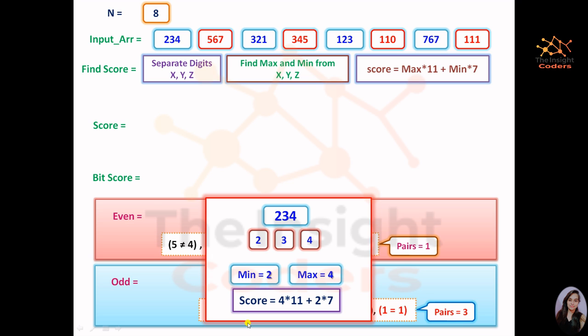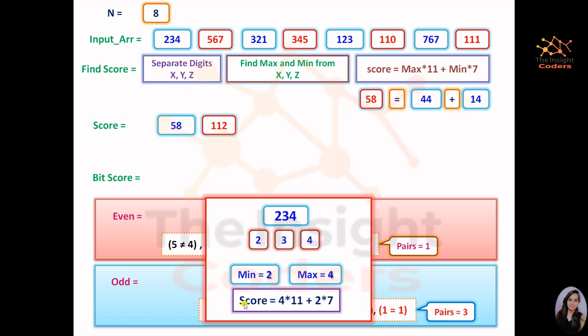Now we need to find the score, and for that we are given a formula in the question which says the score is max into 11 plus min into 7. So 4 into 11 is 44, and 2 into 7 is 14. We add them and the final score is 58. So corresponding to 234, the score is 58.